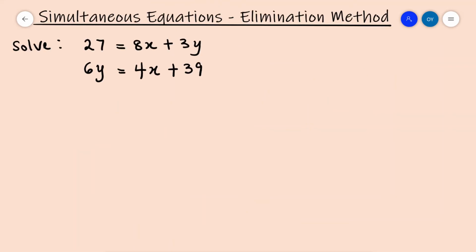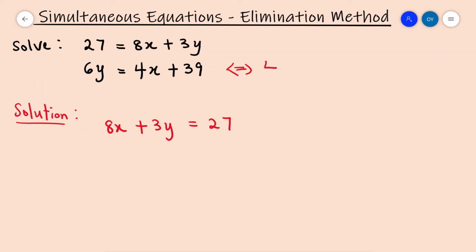Example 2. Solve 27 equals 8x plus 3y and 6y equal 4x plus 39. We need to find the values of x and y. Solution. Here we need to rearrange this equation such that we have all the variables on one side and the constant on the other side.